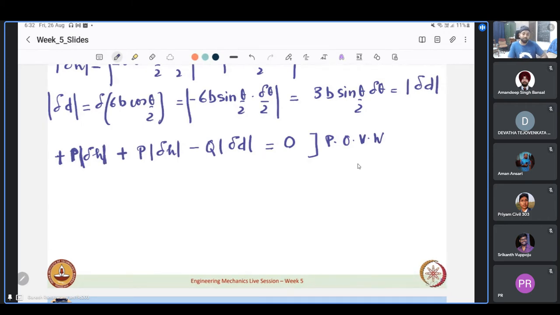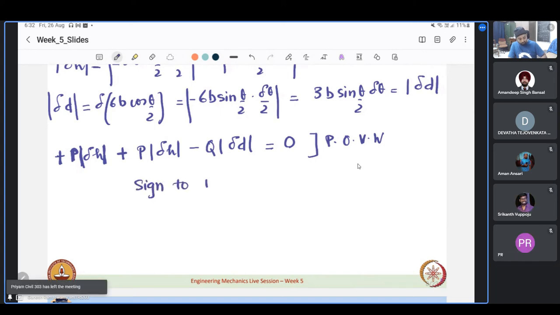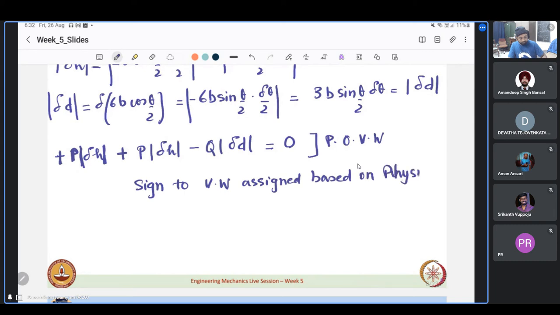We have considered only the magnitudes, only the absolute values of the virtual displacement, and these signs to virtual work are assigned based on the physics of the problem.